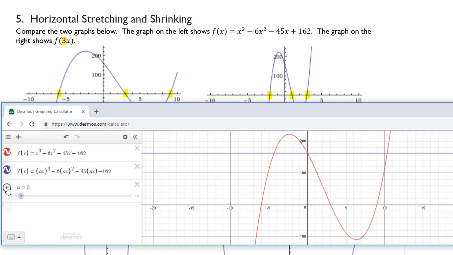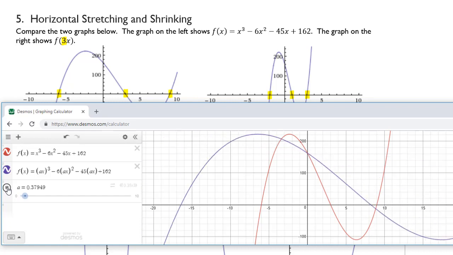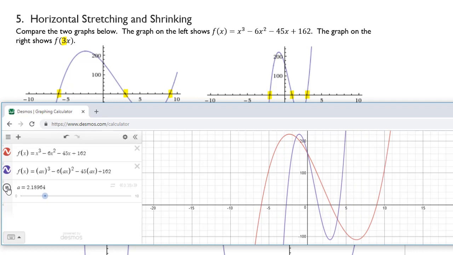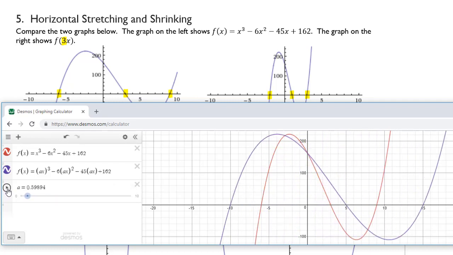If I push play, I can see that as a increases, the function compresses, and it continues to compress. I have it scaled from 0 to 10. And then as it gets closer and closer to 1, you can see it expand. And now I'm going to pause it.